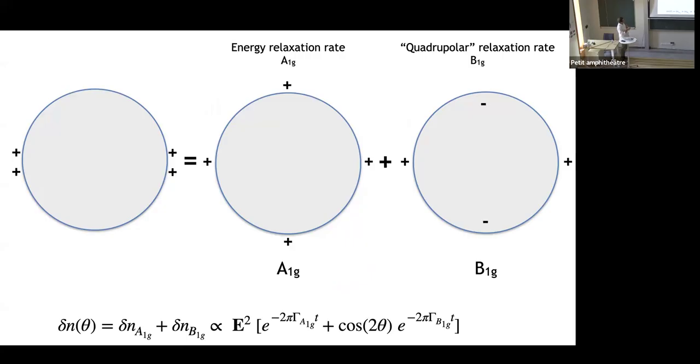But I can understand this as a superposition of a uniform excitation all the way around, with an excitation which is like exciting here, exciting there, but de-exciting there and there. So if it was an isotropic system, I could call this the S wave and the D wave part, or here we'll call it the A1G and the B1G part, because we're mostly going to be thinking about crystals with C4 symmetry. So this is something that I can do in nonlinear optics.